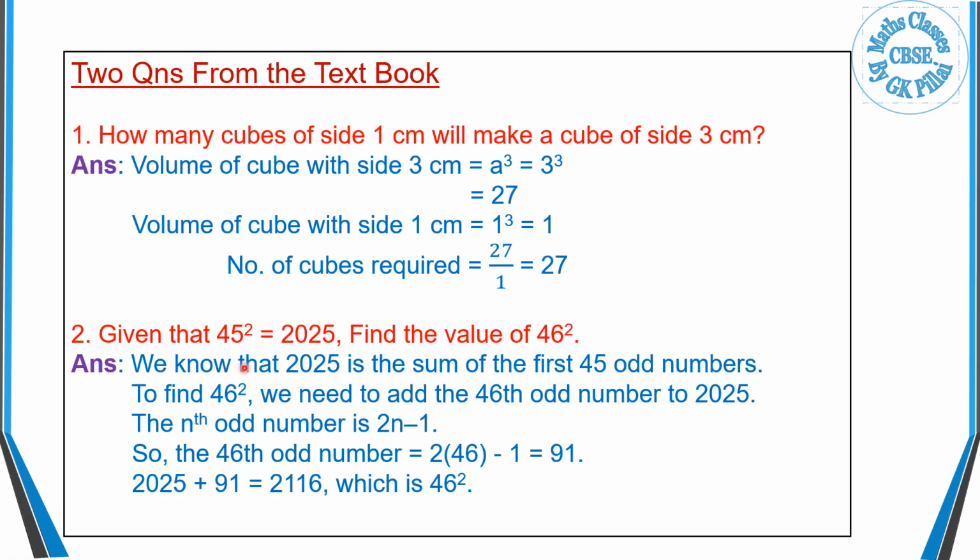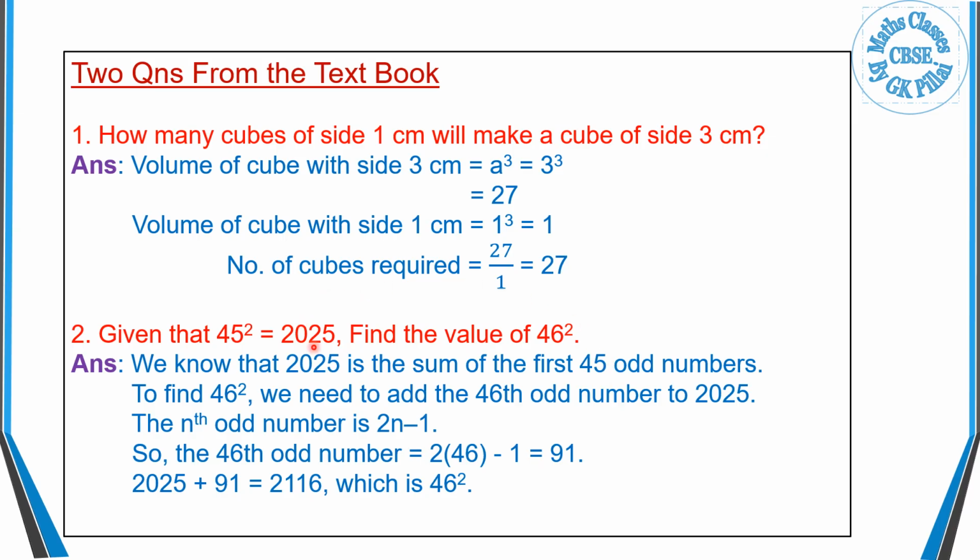Given that 45 squared is 2025, find the value of 46 squared. This is what I mentioned before, how to get the final answer. To find 46 squared, we need to add the 46th odd number to 2025, and 2025 is the sum of the first 45 odd numbers. When it is 45 squared, you must be knowing 2025 is the sum of the first 45 odd numbers.